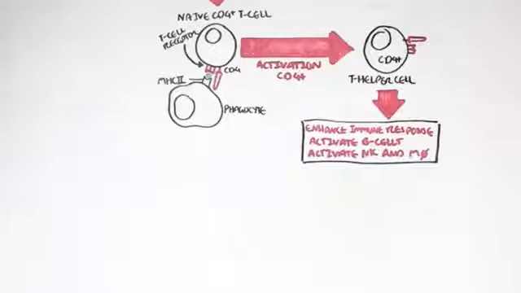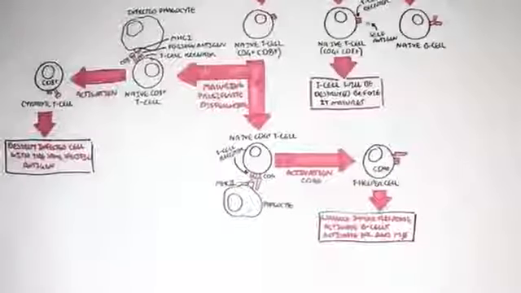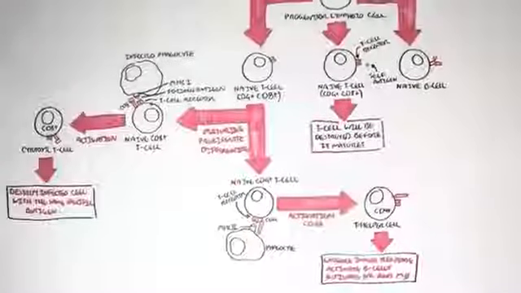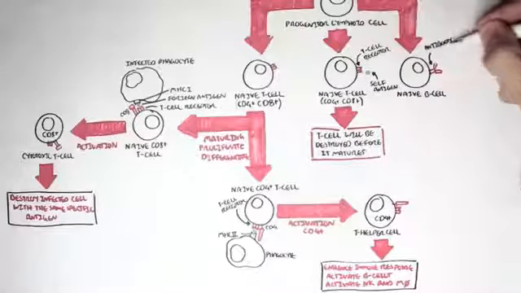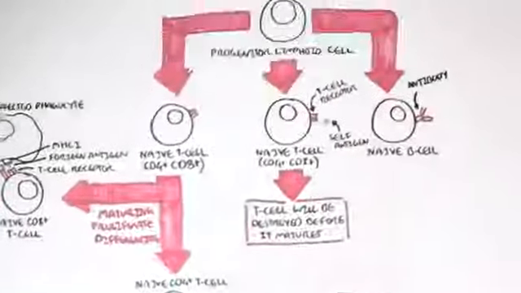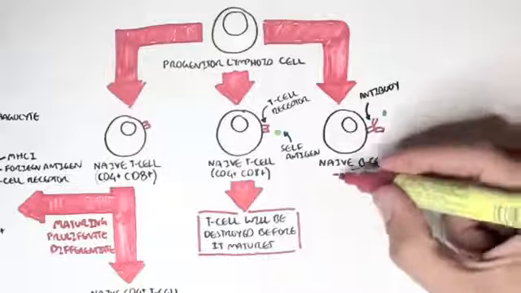So that was how naive CD4 T cells and naive CD8 T cells become activated through recognition of specific antigen presented to them. So how about the naive B cells? Naive B cells have antibodies when they become naive B cells from the progenitor lymphoid cell.